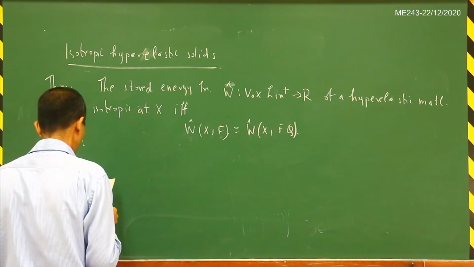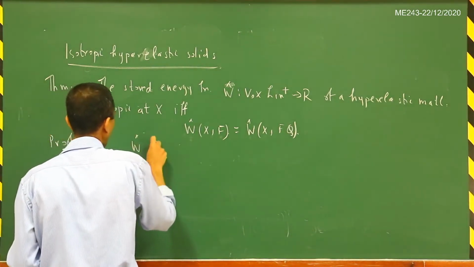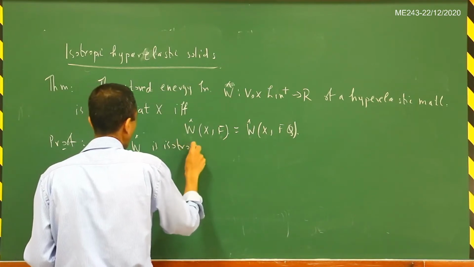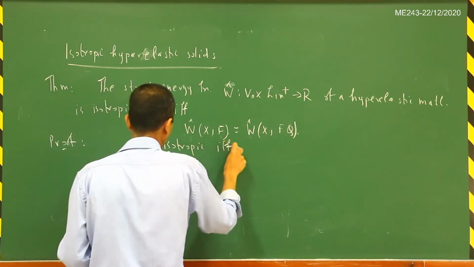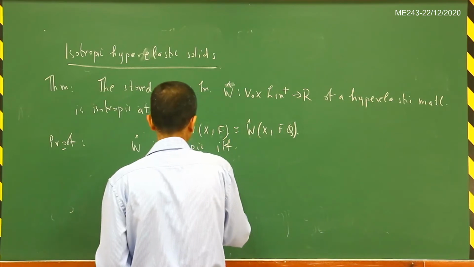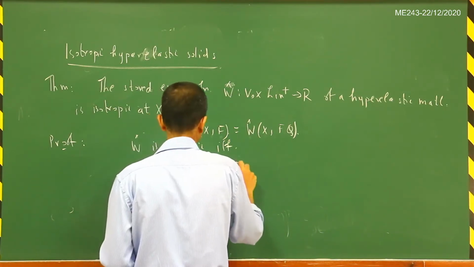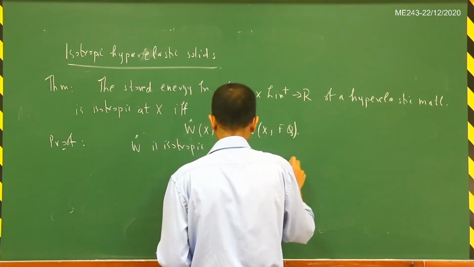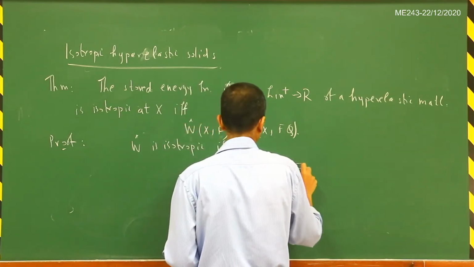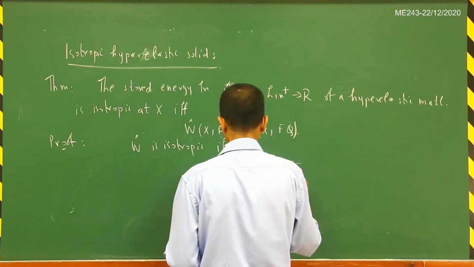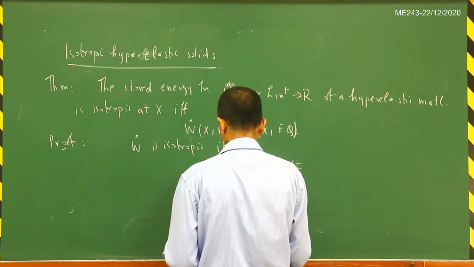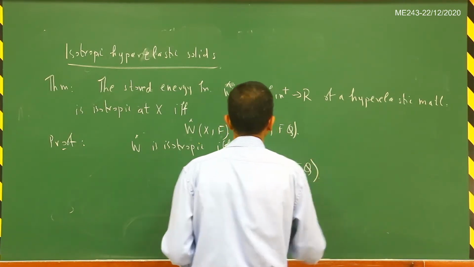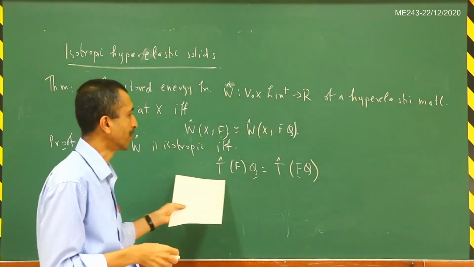So W hat is isotropic if and only if T hat of F times Q is equal to T hat of F Q. Sorry, that is T hat of F Q. So this is the condition for isotropy.